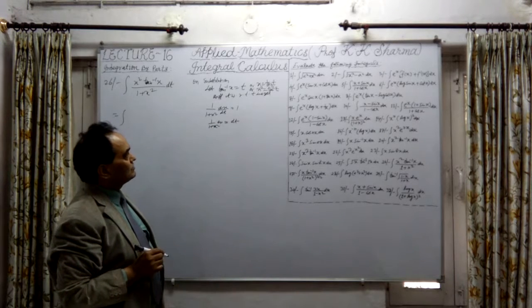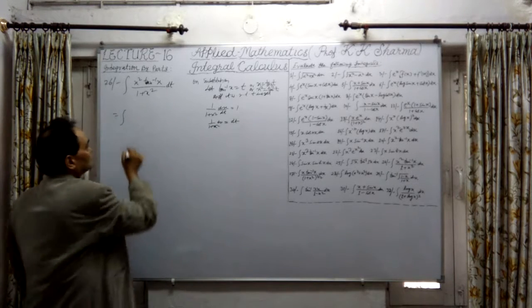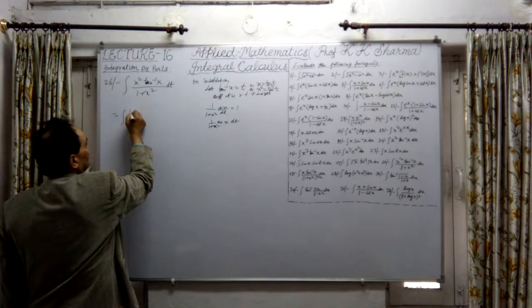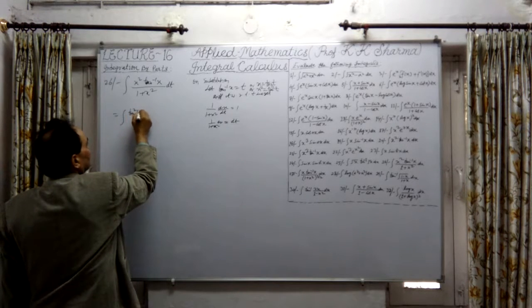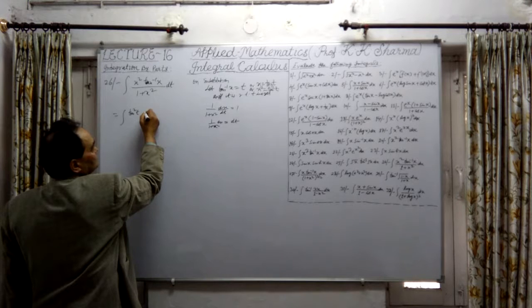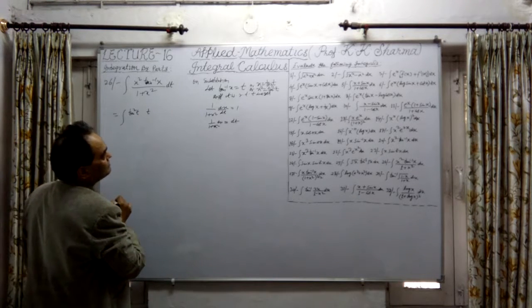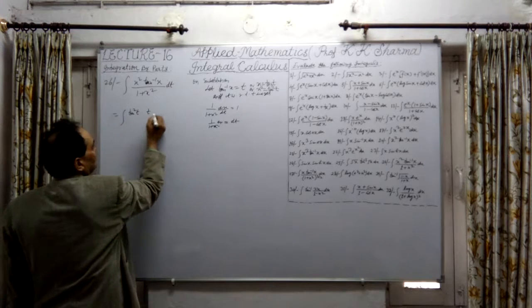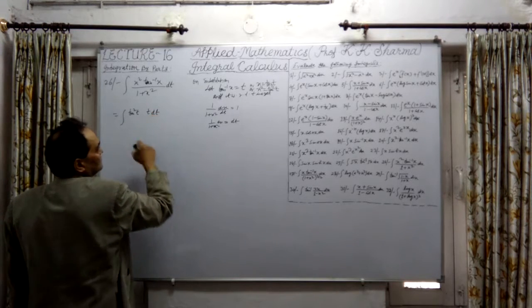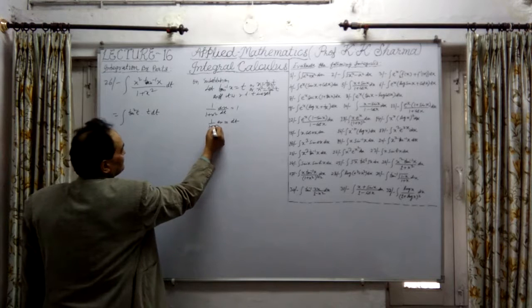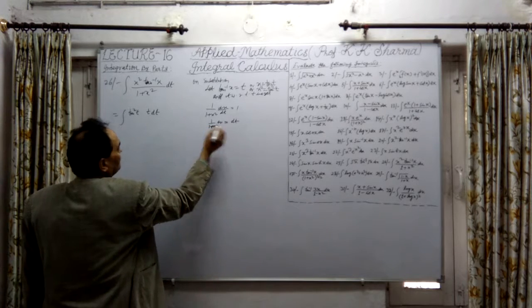Therefore, x square equal to tan square t. Let's put x square as tan square t into tan inverse t, which is only t, into dt, because 1 upon 1 plus x square dx is equal to dt.